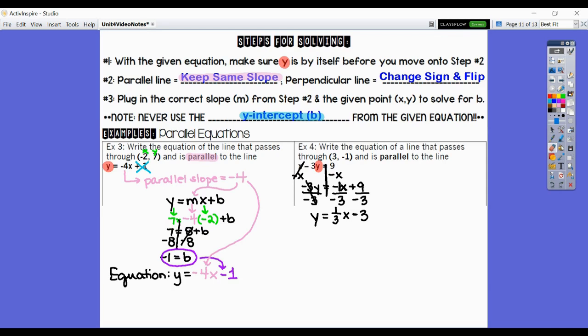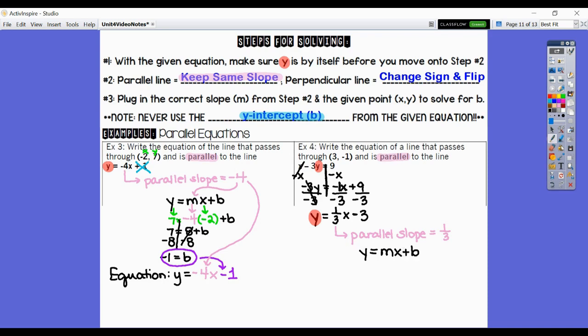Now that y is by itself, it is a parallel line I'm looking for, so I will pull a parallel slope. The slope is located in front of x, and to make it parallel, you guessed it, I keep it the same as 1 over 3.